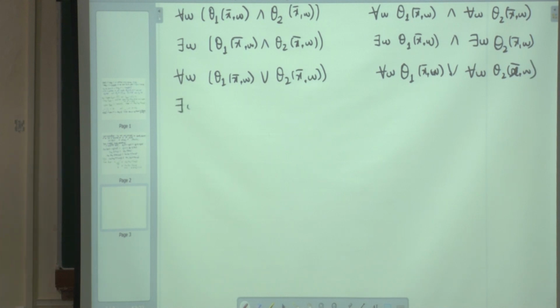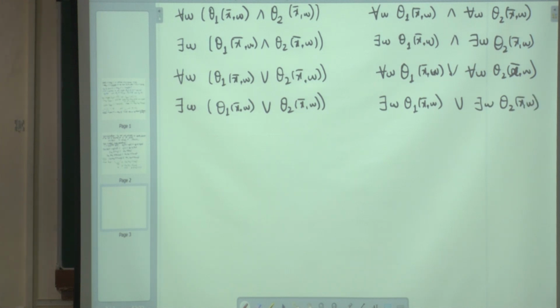And the last one: there exists w, theta 1 x bar w, disjunction theta 2 x bar w, and there exists w, theta 1 x bar w, disjunction, there exists w, theta 2 x bar w. Okay, which ones are true? First and fourth are true.